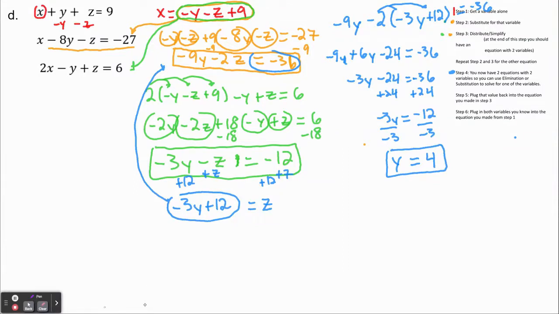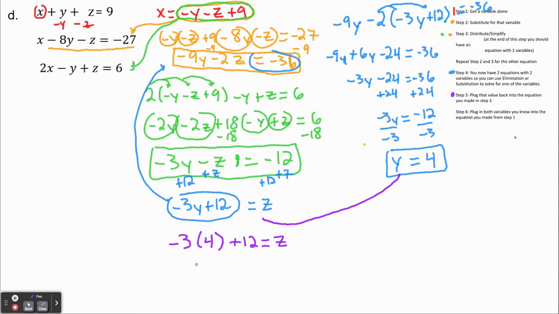Now I am done with step 4, and I'm going to plug this value back in to what I solved for here, because that is going to tell me what z is equal to. So I'm going to have negative 3 times 4 plus 12 equals z.